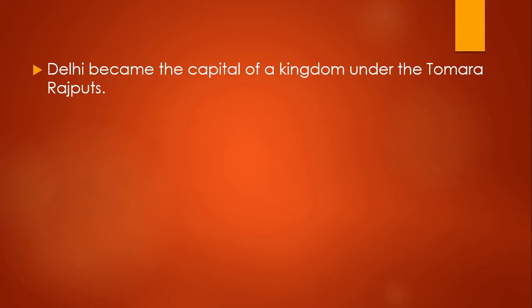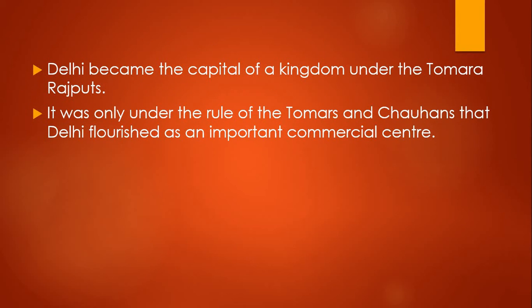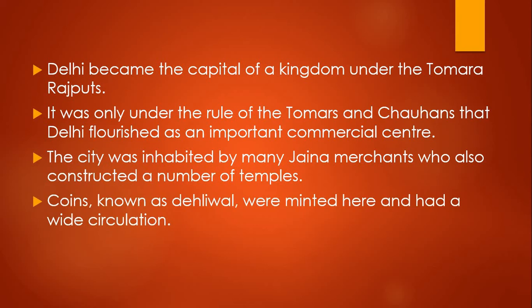Delhi became an important kingdom under the Tomar Rajputs. It was only under the rule of Tomars and Chauhans that Delhi flourished as an important commercial center. The city was inhabited by many Jaina merchants who had constructed a number of temples.